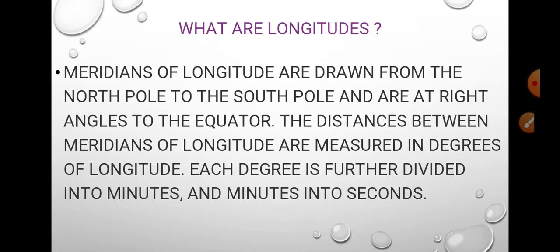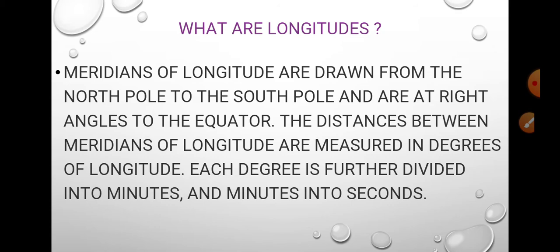Now next, what are latitudes? What do you mean by latitudes? You have studied in your earlier classes. In 5th class also you have studied about latitudes. Meridians of longitude are drawn from the North Pole to the South Pole and are at right angles to the equator.